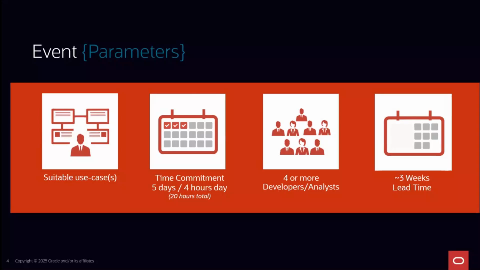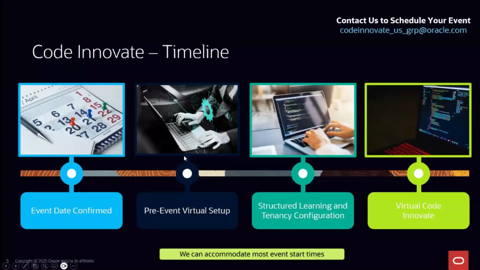And let's take a quick look at what goes into a typical event setup. Once we've agreed on a suitable use case, we will determine an event week. Essentially, once established, we will work toward that week. We will help you with any tenancy configuration that can include tasks like provisioning services, setting up new users, setting up data sources, networking, and things like that.